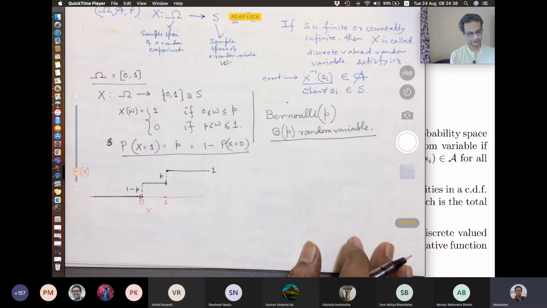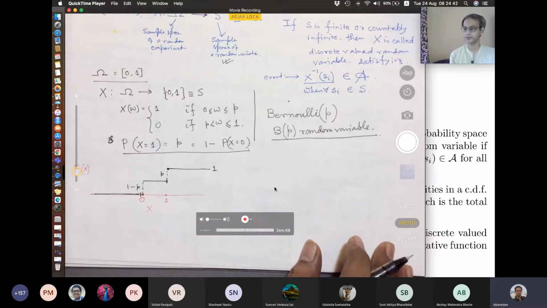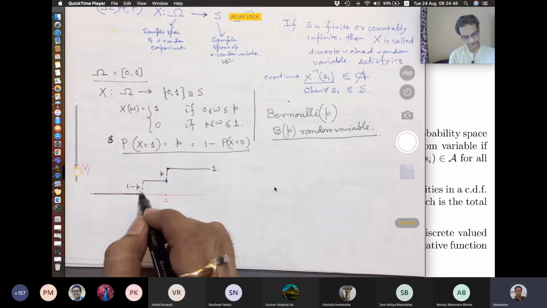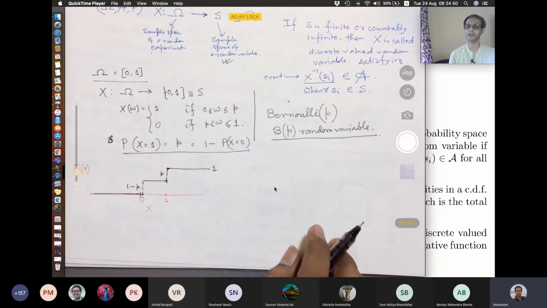Okay, so let us proceed. Now, if we can represent this amount of jumps in another function, that is known as the probability mass function or discrete density function. So let me introduce that.